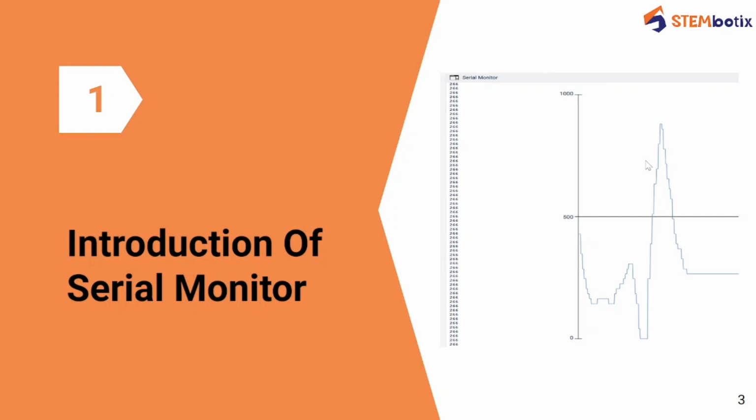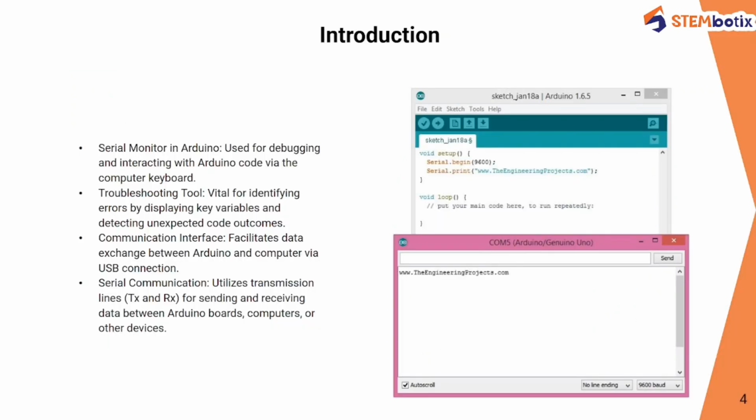Whenever we need to read our analog pins or analog devices and the data of those analog devices, we need to operate the serial monitor. Now I hope you understand the basic scenario of a serial monitor. Let's move forward with the introduction.